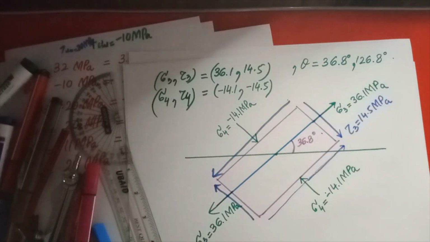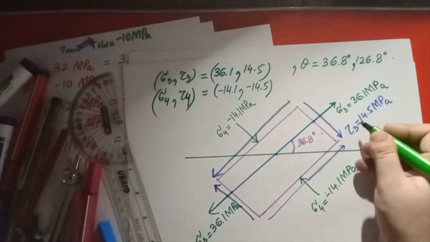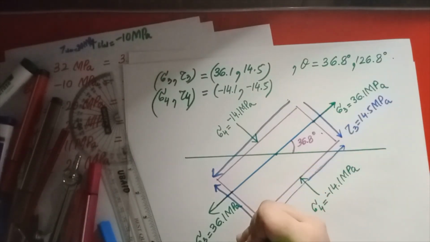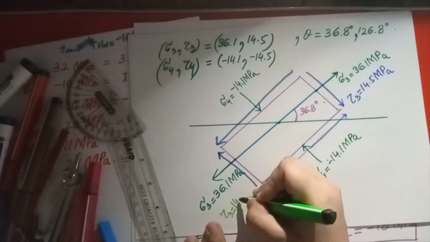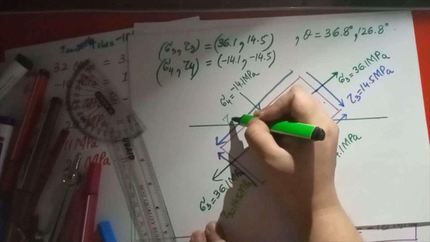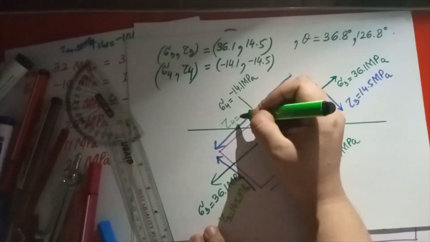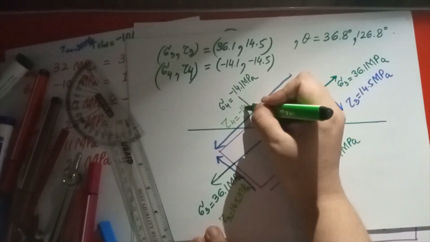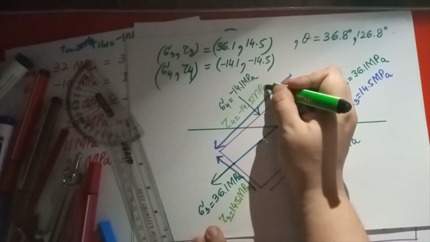So here will be tau 3, 14.5 MPa. This is tau 4, so it is minus 14.5 MPa.